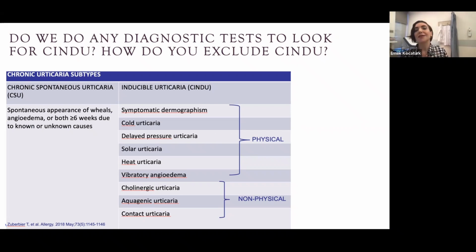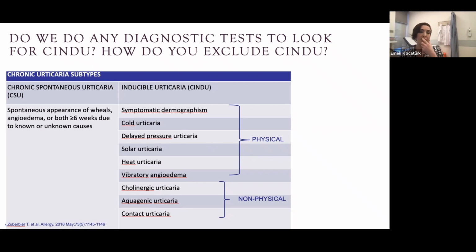So these differ because the patients are usually younger than the spontaneous urticaria patients, and the lesions tend to stay for a maximum of 30 minutes. They disappear within 1 hour, except for delayed pressure urticaria, in which the lesions come out after 6 hours of vertical pressure, and they may disappear in 72 hours.